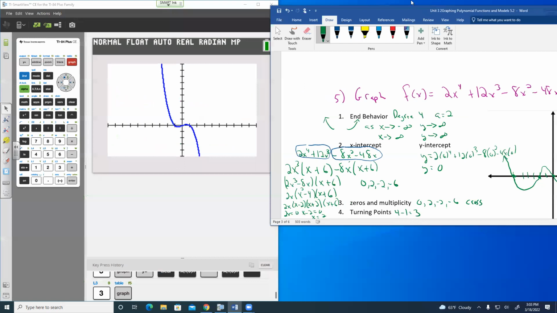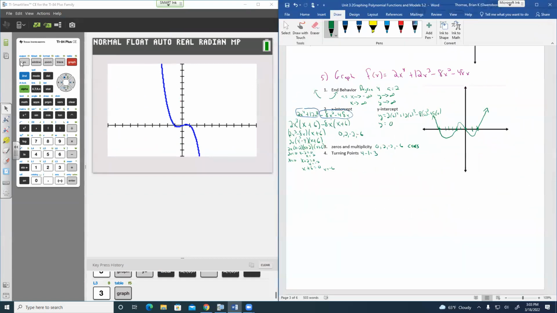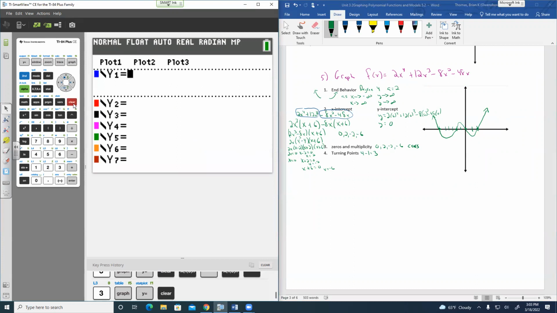So if we graph this, see if we can have some luck there. We have y equals 2x to the 4th plus 12x cubed minus 8x squared minus 48x.